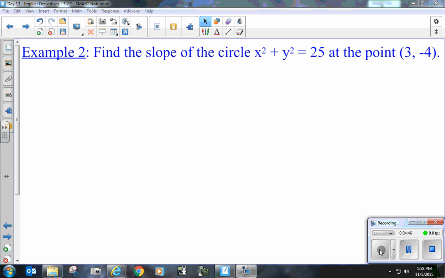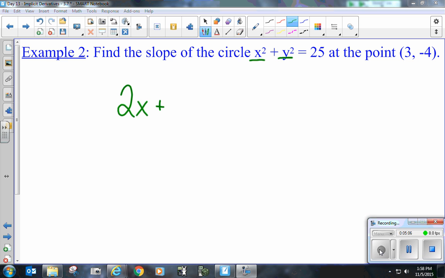Example 2 says, find the slope of the circle x squared plus y squared equals 25 at the point 3, negative 4. So we know when it says slope, it really means derivative. So, what is the derivative of x squared? 2x plus, what's the derivative of y squared? 2y times, right, dy dx.